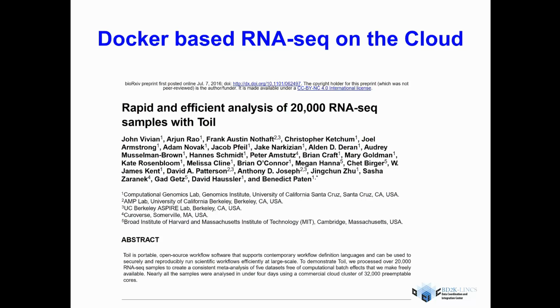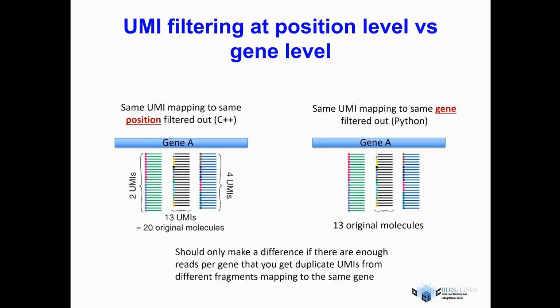Now, I want to get back to something a little bit more local that I found when doing the re-implementation of the pipeline in C++. One of the things I was able to do was re-implement the original algorithm, where basically if two reads map to the same position and have the same UMI, then you filter them out.